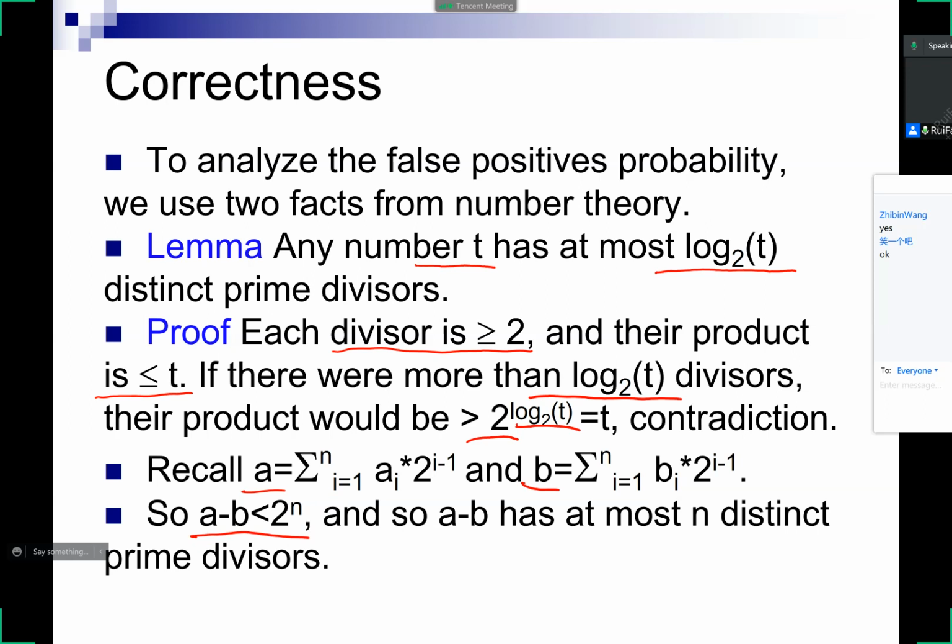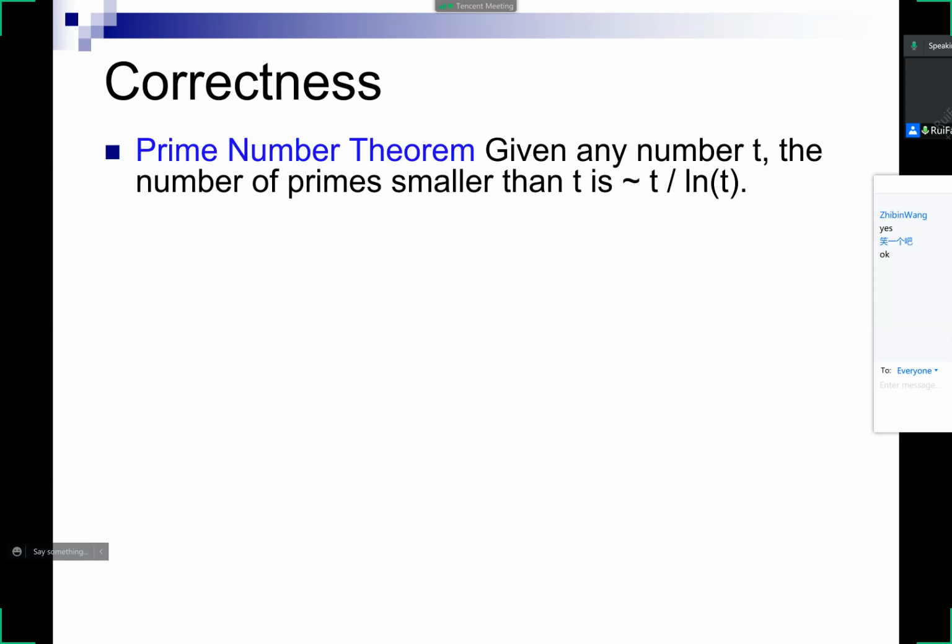So by this lemma, a minus b has at most n distinct prime divisors, because you just take the log of this thing. So this is the fact that we want to have for the algorithm. That's the first part.